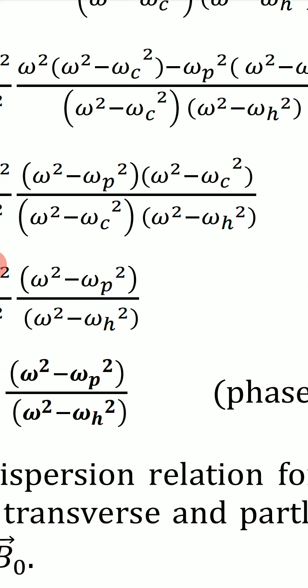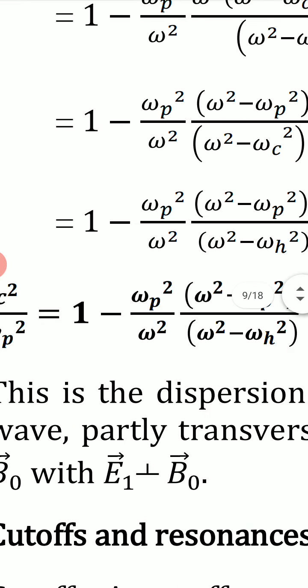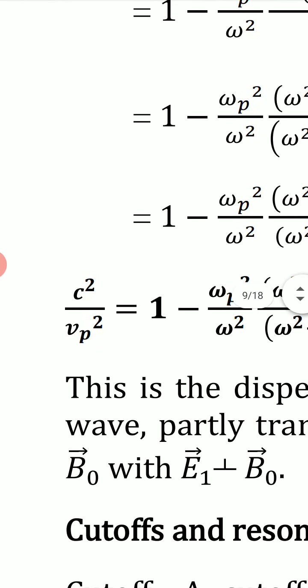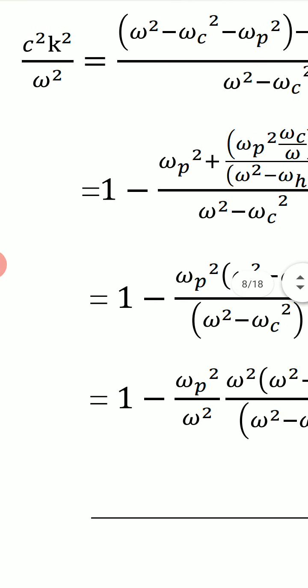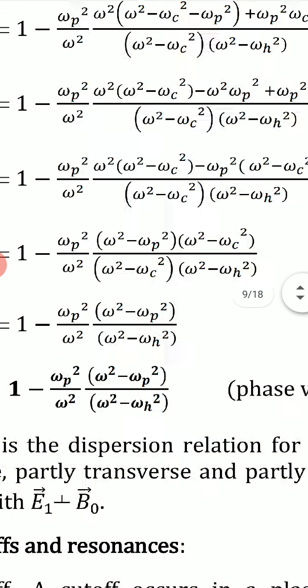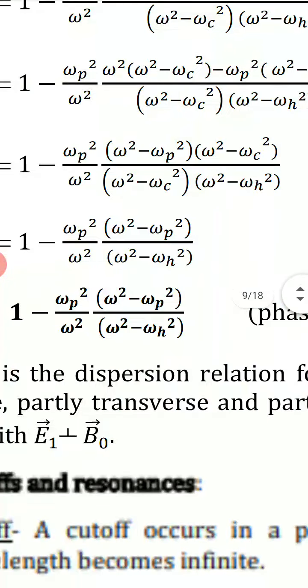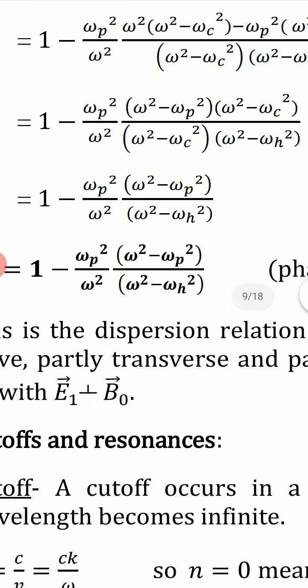Now this term omega square minus omega c square is cancelled out in numerator and denominator, and we get c square k square upon omega square equal to 1 minus omega p square upon omega square into omega square minus omega p square upon omega square minus omega h square.